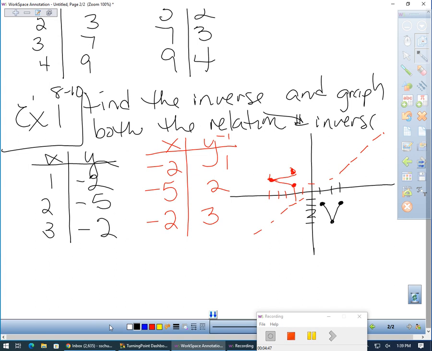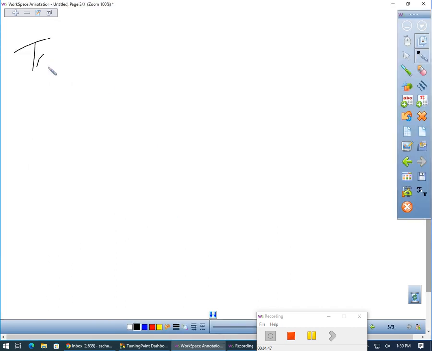All right. Now, we're going to find our inverse algebraically. Has some beautiful steps to it. Ready? To find inverse algebraically.